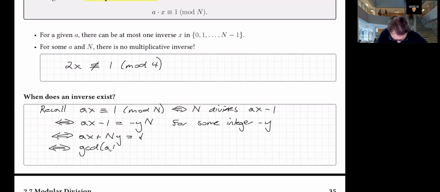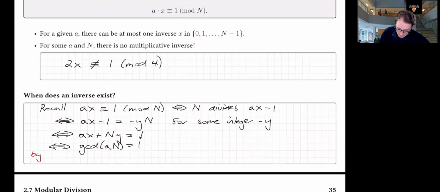This is by Euclid's lemma, or by the lemma on Euclid's algorithm, or by the property we gave before Euclid's algorithm. And so an inverse exists if and only if the greatest common divisor of a and n is 1.